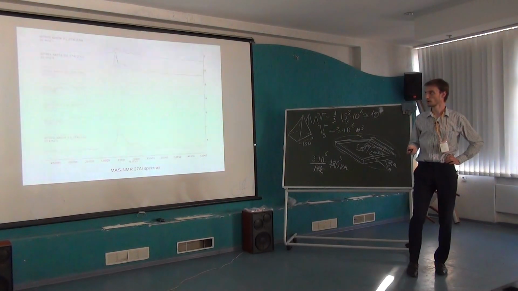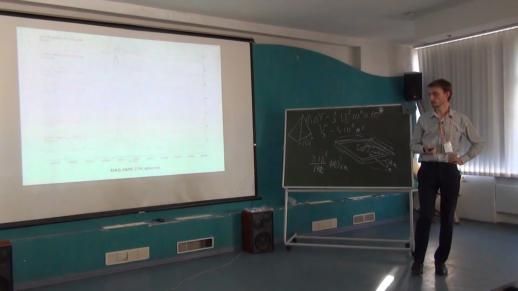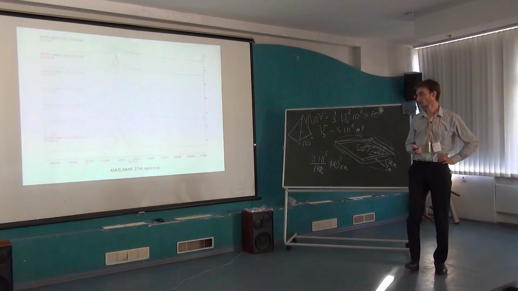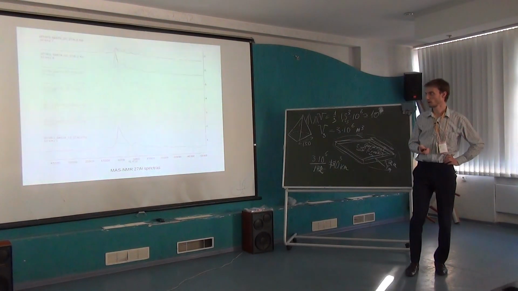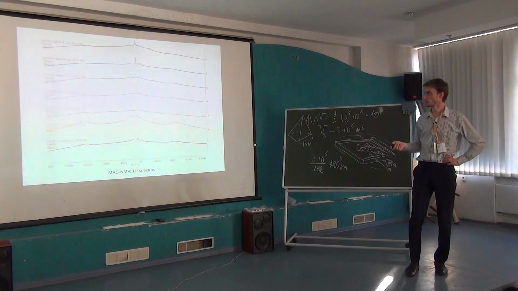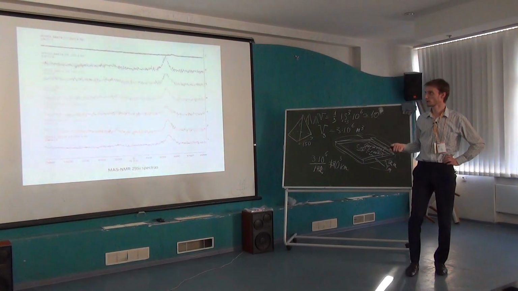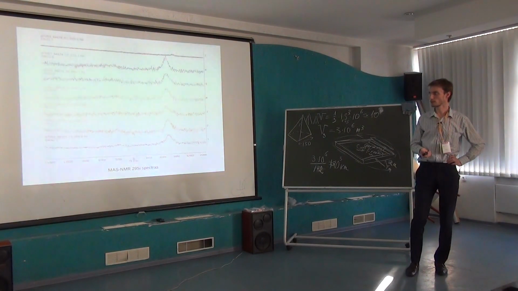Here is the aluminum spectra, also very interesting, and we can see that here we have more differences. Lines are changing more than in hydrogen spectra, and at last the silicon spectra.